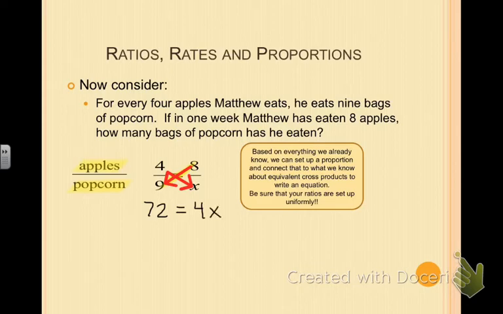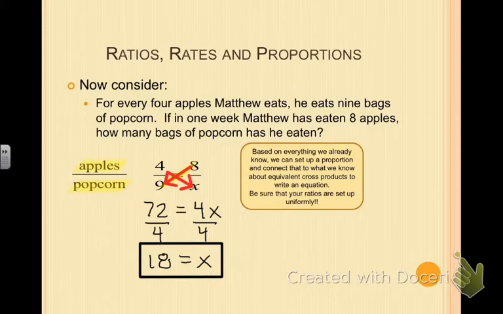Next, solve for x by dividing both sides by 4. This gives us that 18 equals x. So, Matthew ate 18 bags of popcorn.